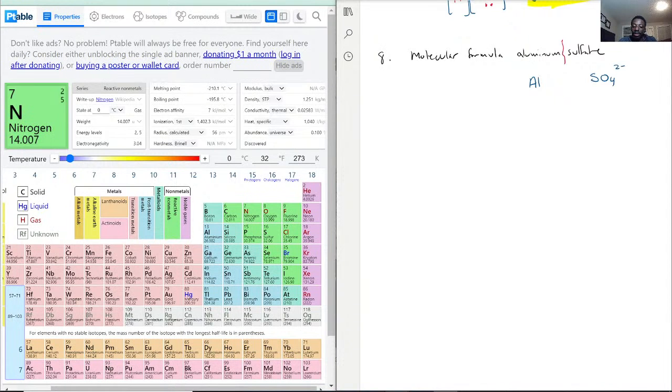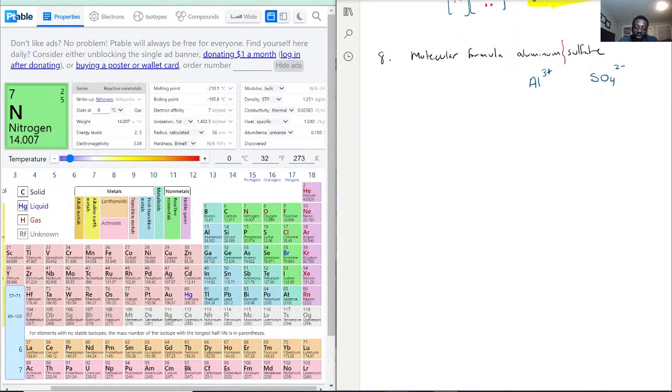That is for sulfate. Now aluminum, to figure out the amount of valence electrons it has, as I said, the typical way for the easier metals and elements in general is to go with the periodic table. It's on the 13th column, so you expect it to have 3 valence electrons, meaning it wants to give away all 3.